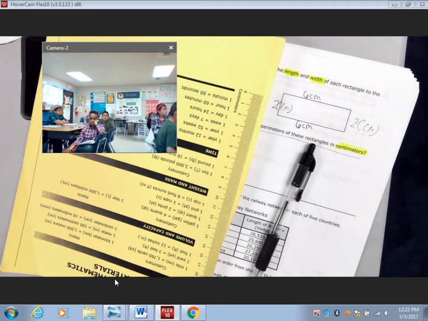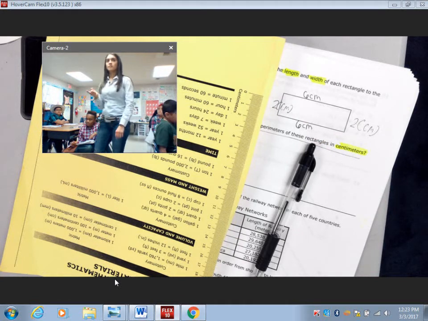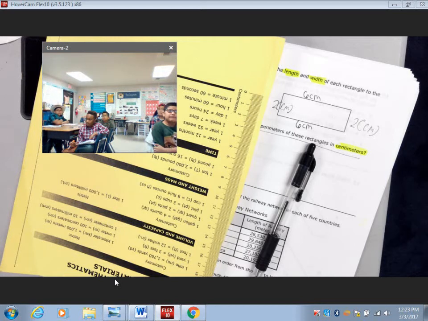Did everyone else also get 2 centimeters? Yeah. Very nice. Alex, how did you know to label the other one 2 centimeters? Because they're both the exact same. Very good. Opposite sides are congruent.